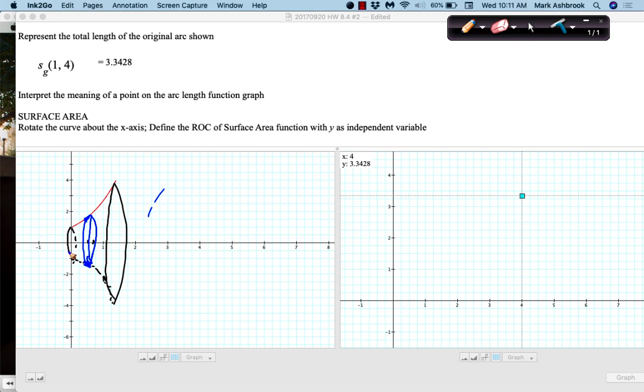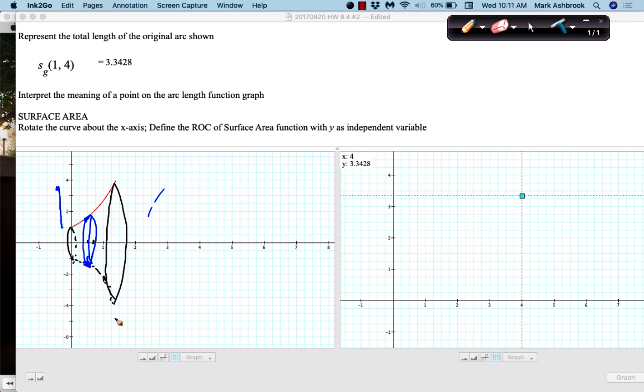Actually, y is increasing through delta y intervals, but the ribbons still look like this. They're the ones that are rotated about the x. Can you imagine that? Y is still increasing through delta y intervals, but the ribbons look like that because we rotated around the x-axis to start.